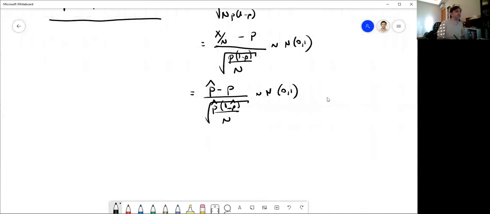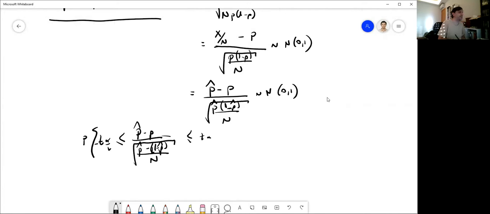So this is going to be normal distributed. Therefore, this statistic itself is going to be between minus z alpha over 2 and z alpha over 2, with probability 1 minus alpha, where the statistic is p hat minus p divided by the square root of p hat times 1 minus p hat divided by n. Now let's give a value for alpha. Usually it's going to be taken to be 0.05.